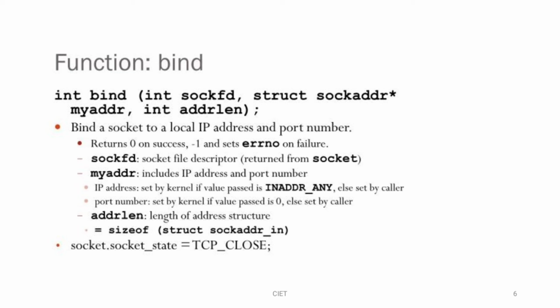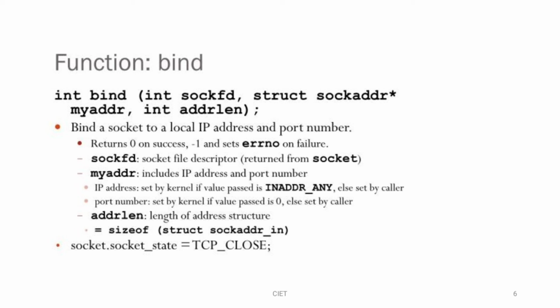The IP address is set by the kernel if the value passed is INADDR_ANY, else set by the caller, and the port number is set by the kernel if the value passed is 0, else set by the caller. The address length is the length of the address structure, generally the size of struct sockaddr_in.